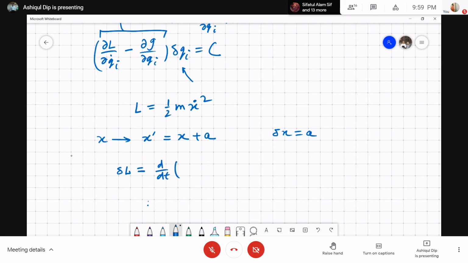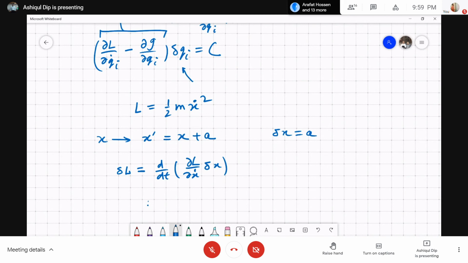This is what I wanted to write: d/dt of delta L over delta x dot times the variation of x.